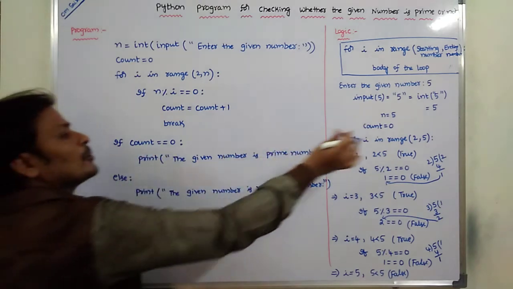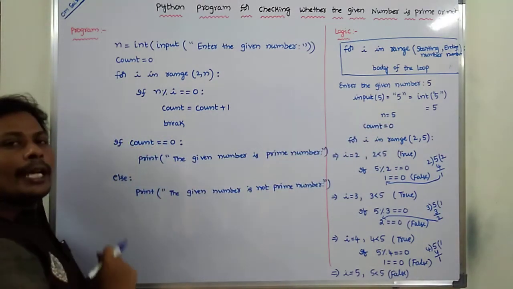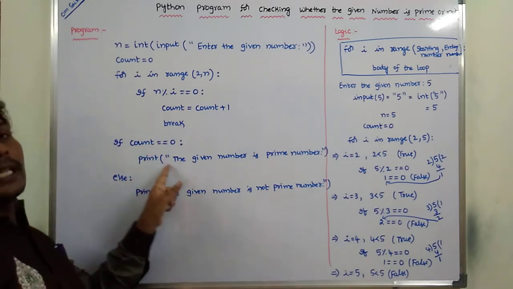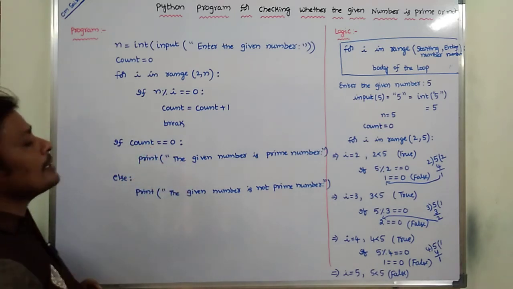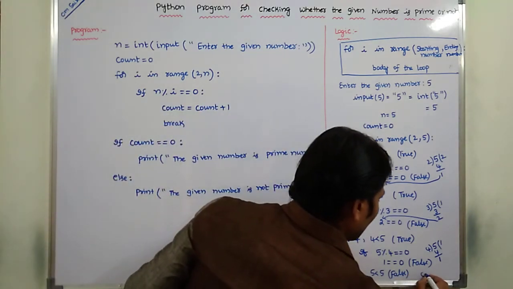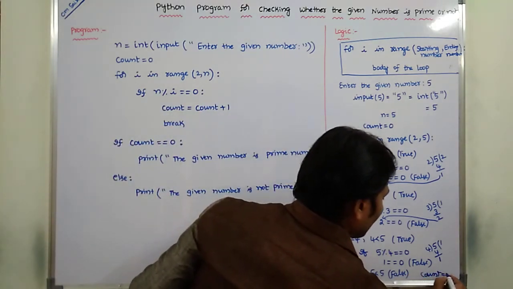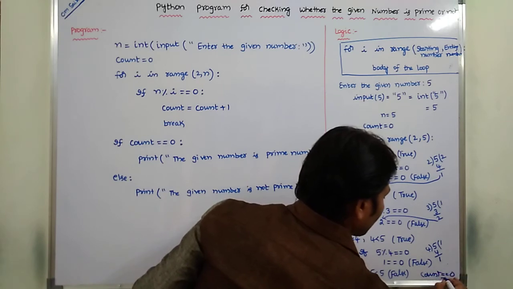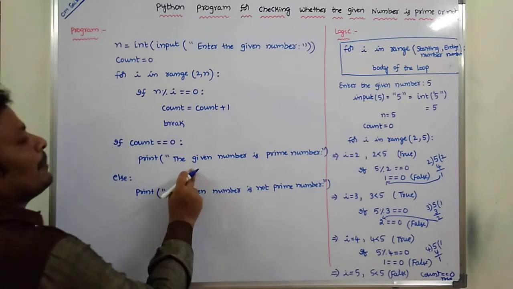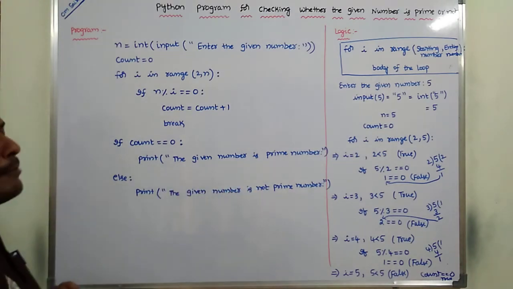Yes, count value 0, 0 equal to 0, condition true. If the condition is true, the statements within the if block are executed. So this is true, and the statement is: the given number is a prime number.